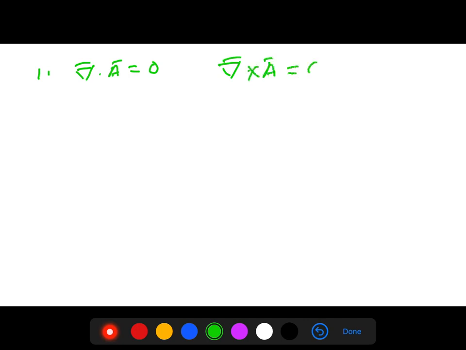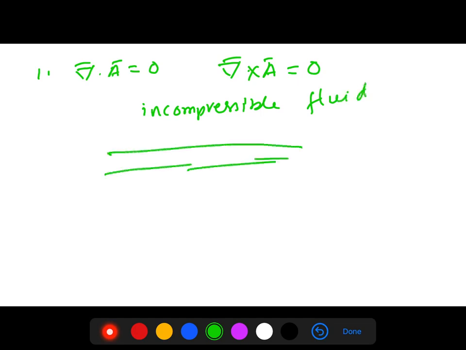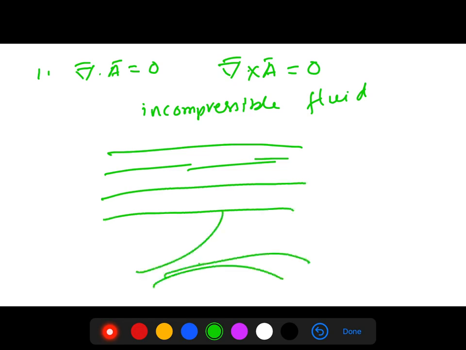Such fields are called steady heat flow, or electrostatic fields, or gravitational fields, irrotational motion of incompressible ideal fluid. So these are called incompressible fluids because the field is uniform, with neither divergence nor curl. If there is a curl or divergence, then it will be a different case. Here nothing is there, so this is called incompressible.